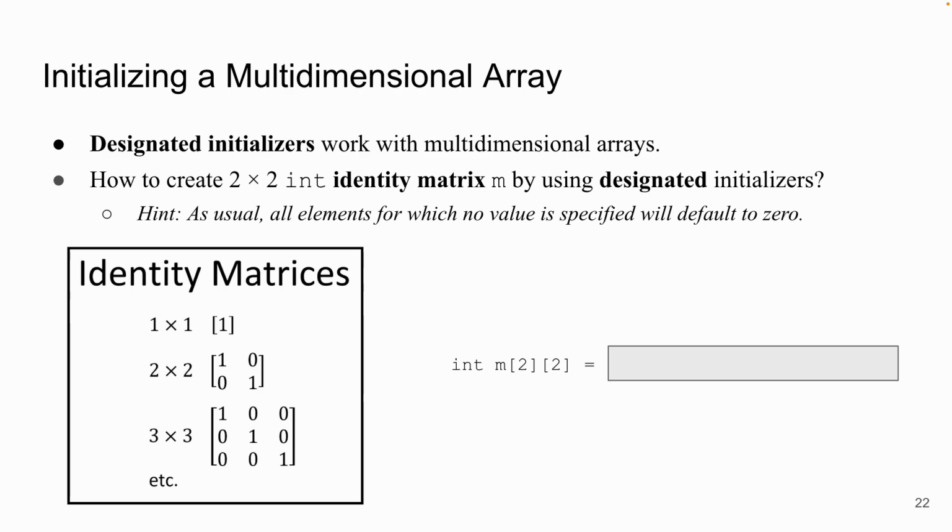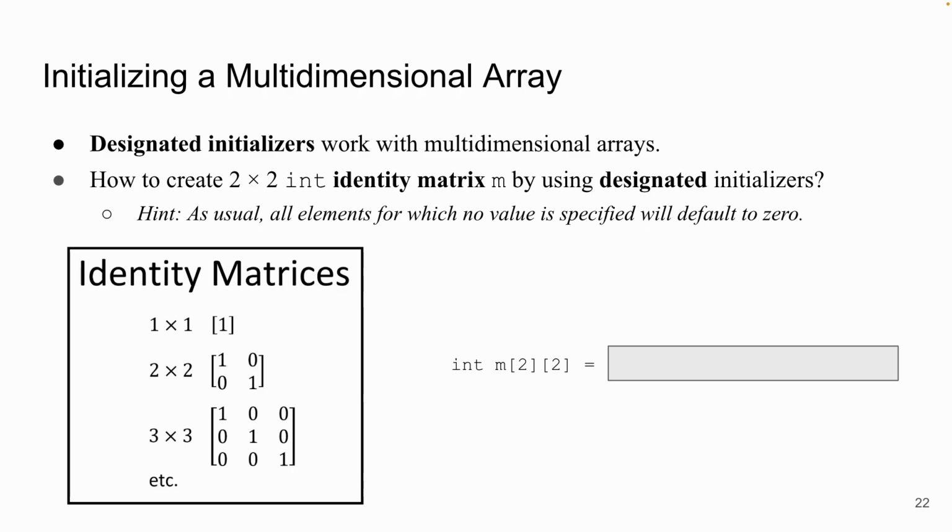I have the answer in the next slide, but here I just want to challenge you. You can challenge yourself to think about what kind of 2D designated initializer I should write down here. You can write it down by yourself, or you can have the answer in your brain, and then jump to the next slide to check if your answer is correct or not.